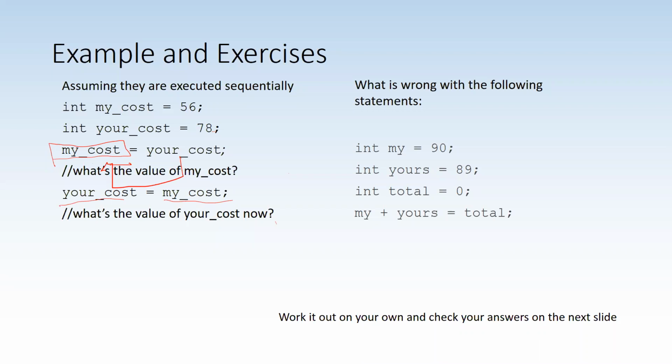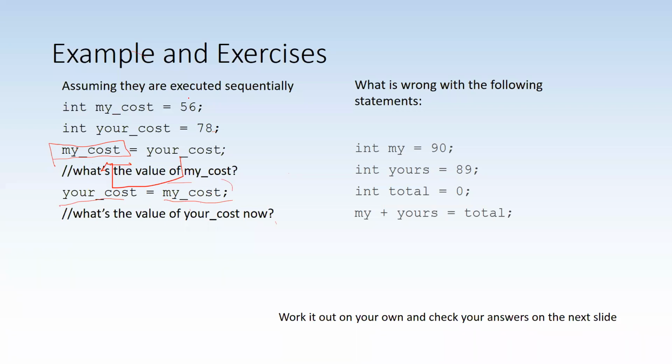Okay, anyone else? Or is it going to keep going from the previous line? Okay, it's 78, right? If you don't keep going, you don't have a value at all. You don't have a variable at all.